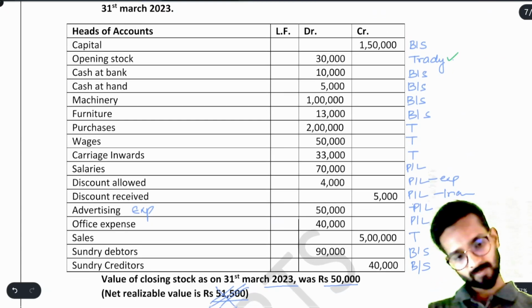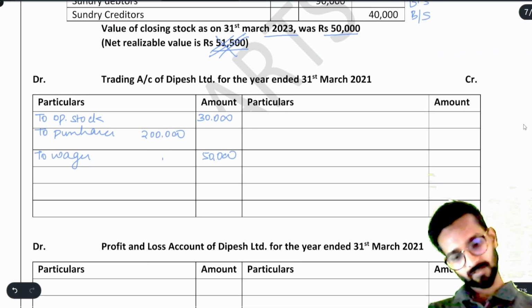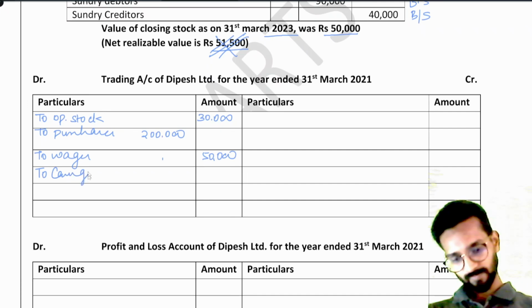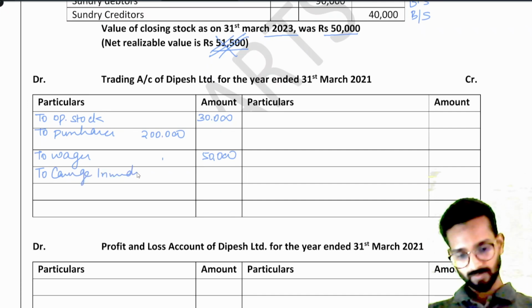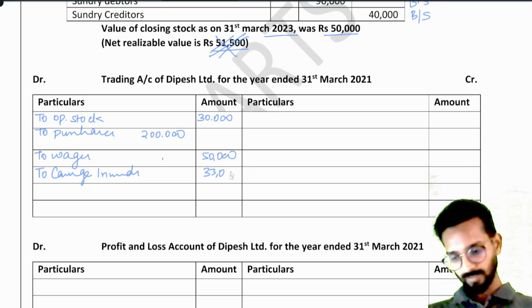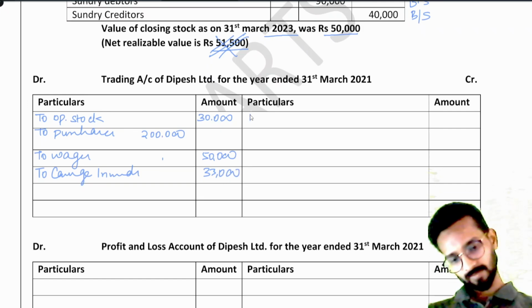I am just ticking it off so it does not confuse us. "To carriage inwards" 33,000 and "By sales" 5 lakh. How much is closing stock? "By closing stock" 50,000.